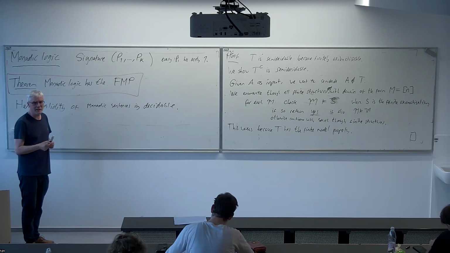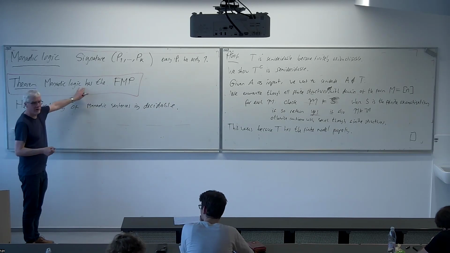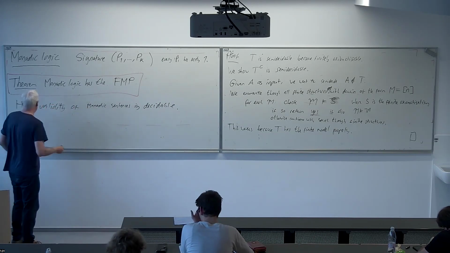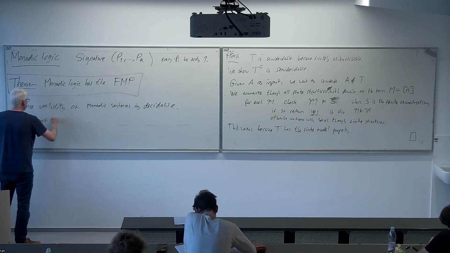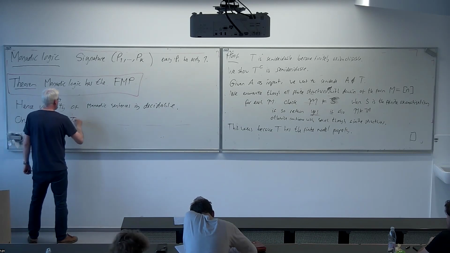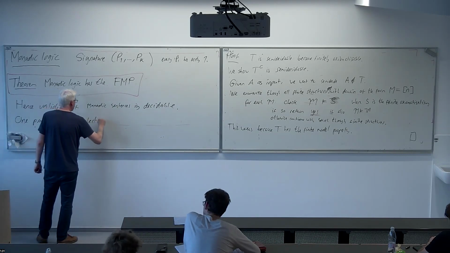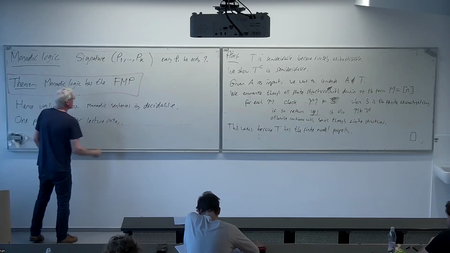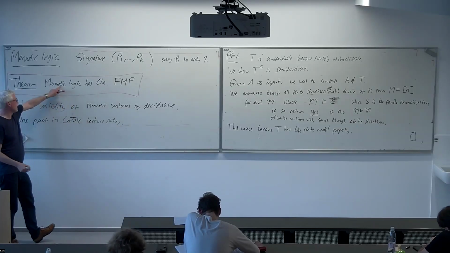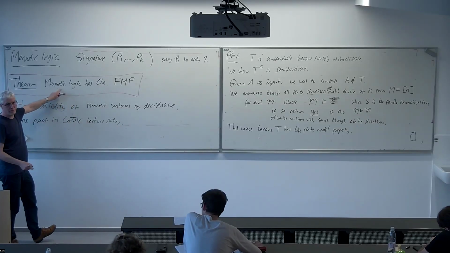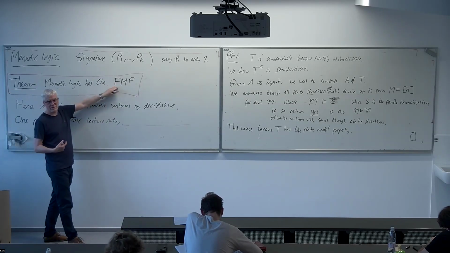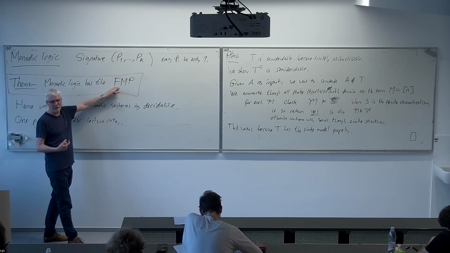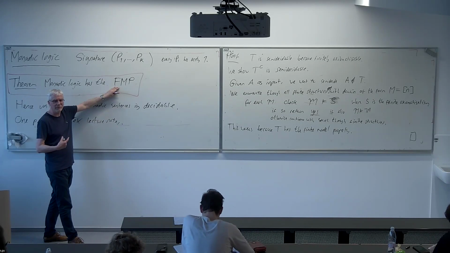So in the later lecture notes, there's one proof of this result. We need to establish the finite model property, so we need to show that if a monadic sentence is satisfiable, then it has a finite model.